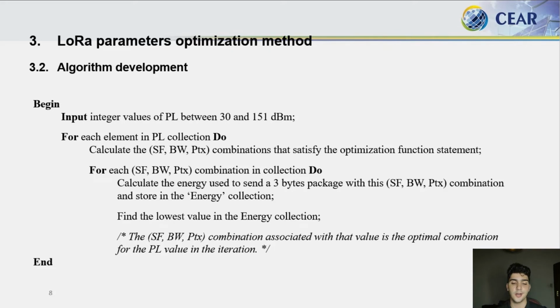Then we iterate through this collection and find the combinations that satisfy the statement of the optimization problem. After this, for each combination that satisfies the statement at the path loss of the actual iteration, the transmission energy is calculated, and the combination associated with the lowest energy is the optimal one.